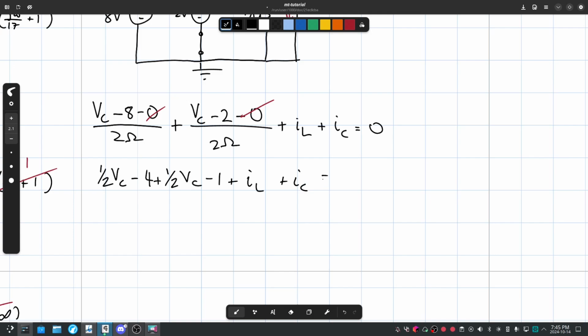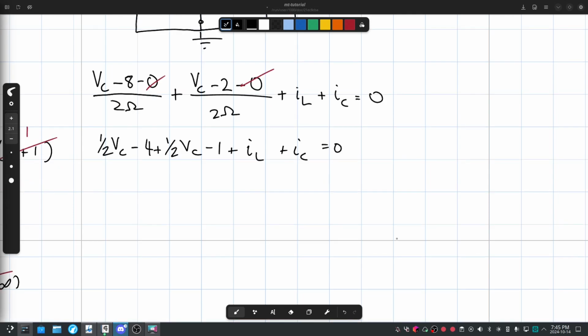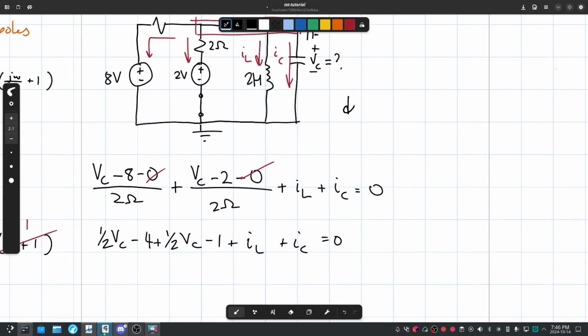Now, remember the formulas we need to remember. For inductors, L times the derivative of the current over the inductor with respect to time is equal to the voltage over the inductor. Likewise, the capacitance C times the derivative of the voltage across a capacitor is equal to the current through the capacitor.